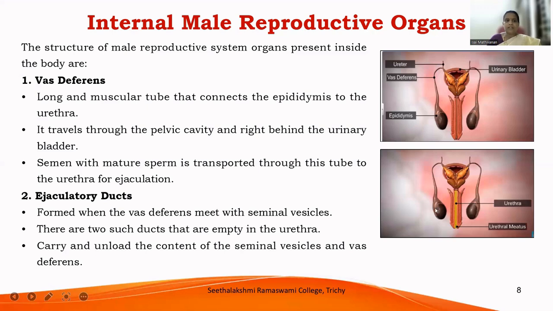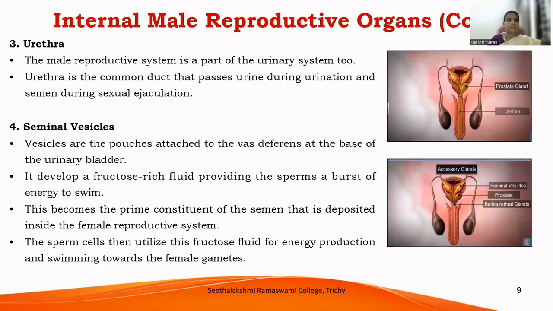And the second one is the ejaculatory duct. This duct is formed when the vas deferens meets the seminal vesicles. There are two such ducts that empty into the urethra. They carry and unload the contents of the seminal vesicles and vas deferens.